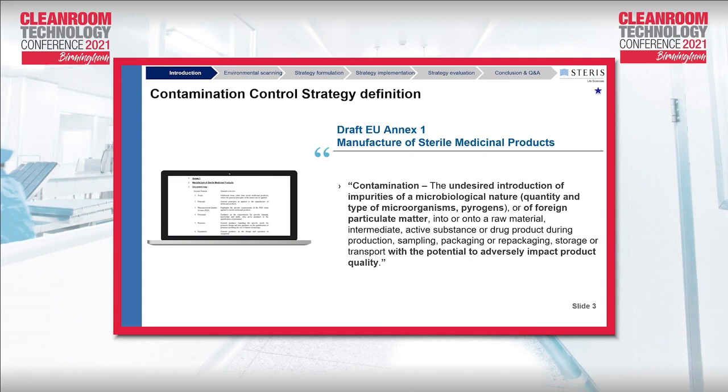However, I think it is also acceptable to include viruses, even if they are not of a living nature. Experts are in between on that: is it living or not? But I think if a virus is of concern to adversely impact the product quality, then it should be taken into account in your contamination control strategy.